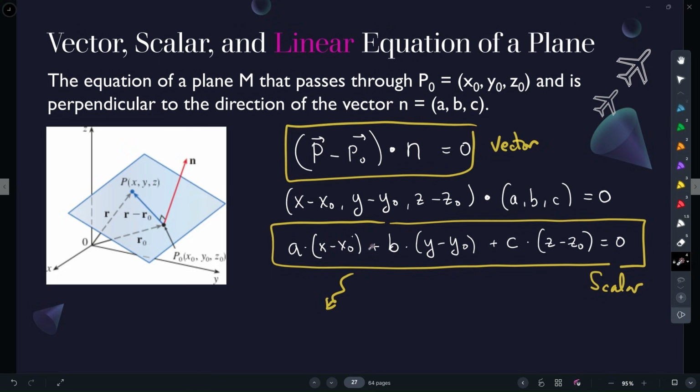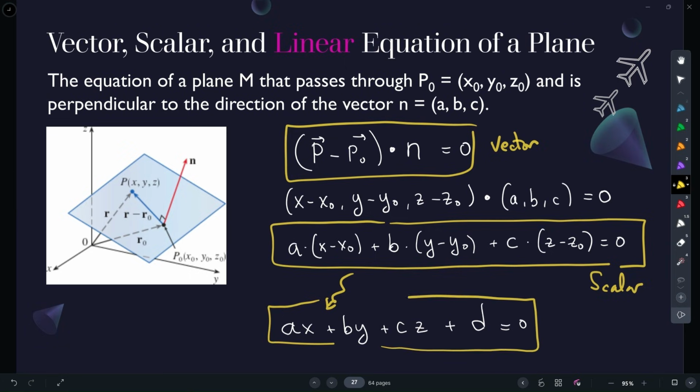And what I'm going to get is ax, by, cz plus some other number when I put together all the other constants. So what I'm going to get is an equation of the form ax plus by plus cz plus some other number d equal to 0 once I simplify everything.